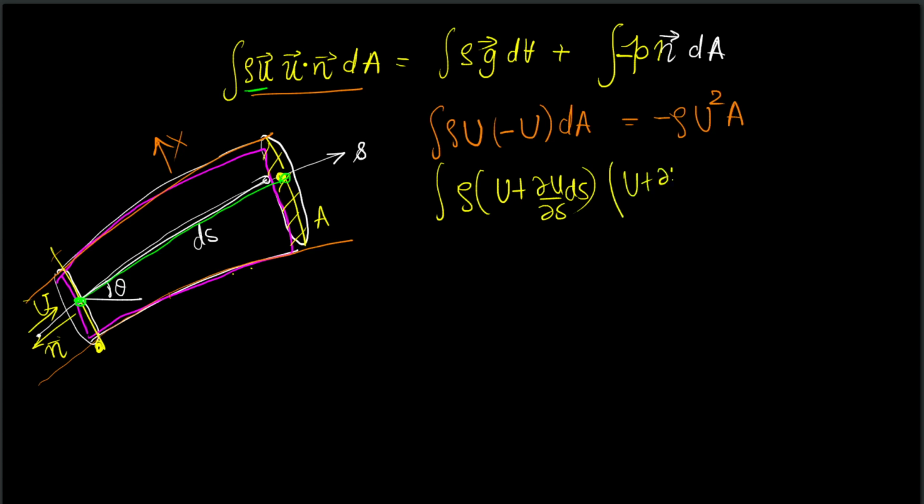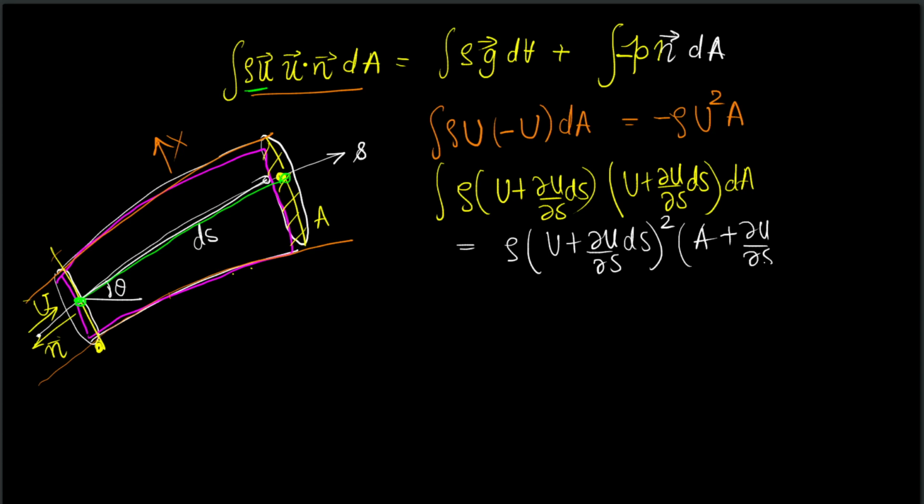So it will be simply u plus del u del s ds times A plus dA, and essentially because we are assuming it to be constant across the cross section, this particular term will become rho u plus del u del s ds whole square times A plus del A del s ds.